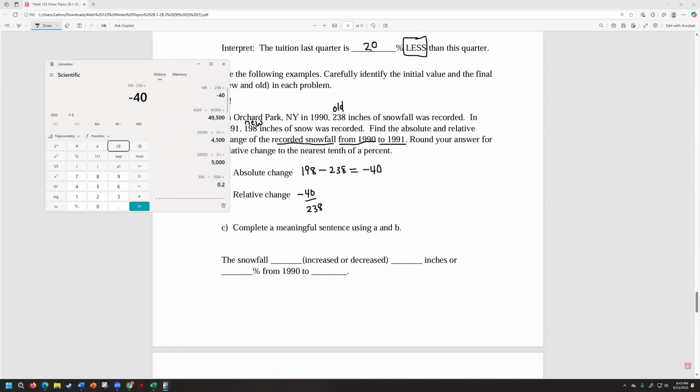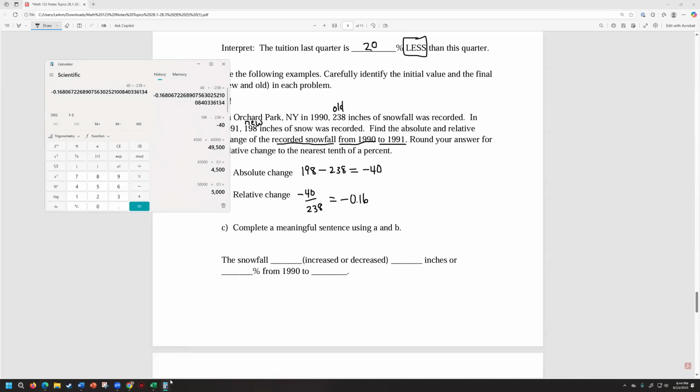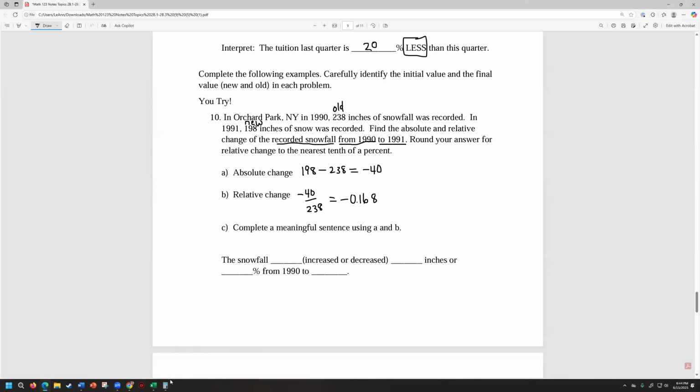I'm going to write this out to 6 decimal places first. I'll make it negative since I forgot to do that. Negative 0.16806, I think there was a 7 after that. And then I'm just going to put dot, dot, dot, because we are not rounding yet.